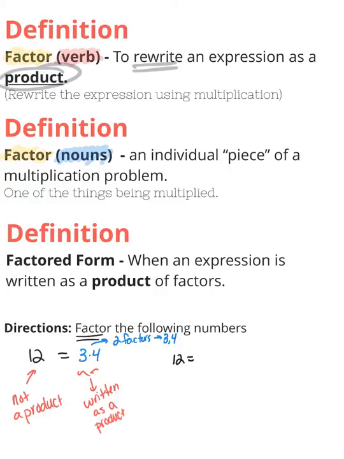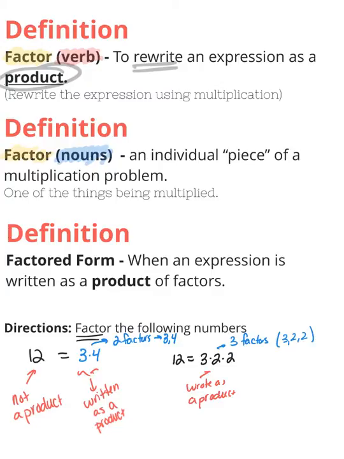Maybe I'm going to do 3 times 2 times 2. This is one way of factoring it because I wrote it as a product. And in this case, I have 3 factors. And those factors are 3, 2, and 2 because those are the numbers that are participating in the multiplication problem.